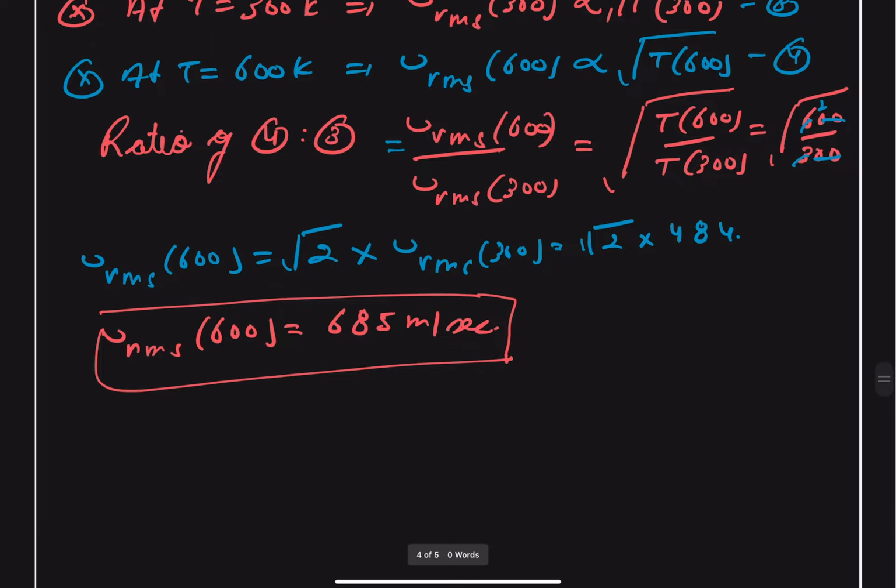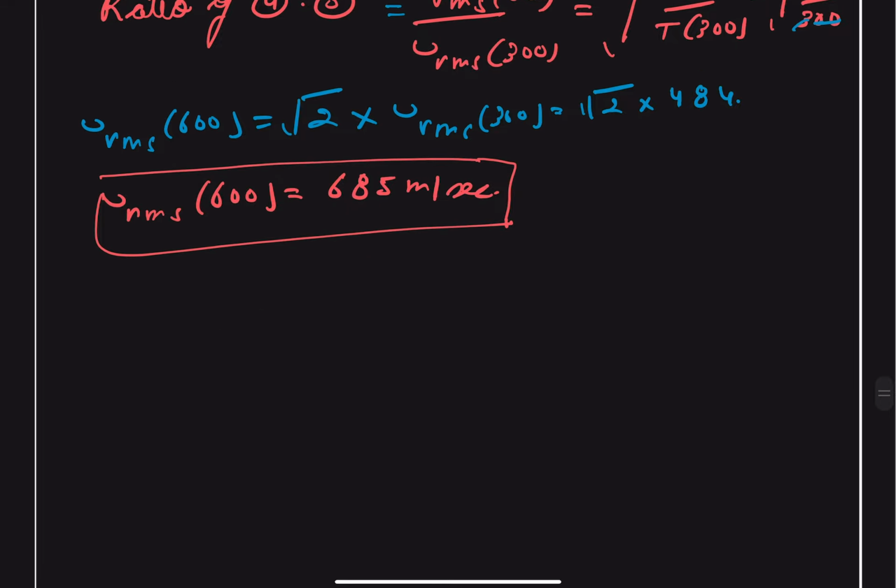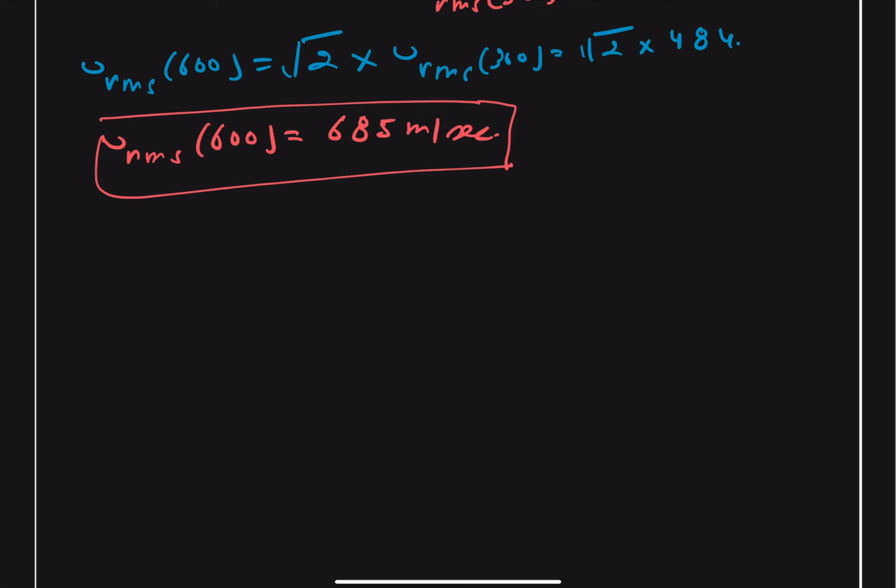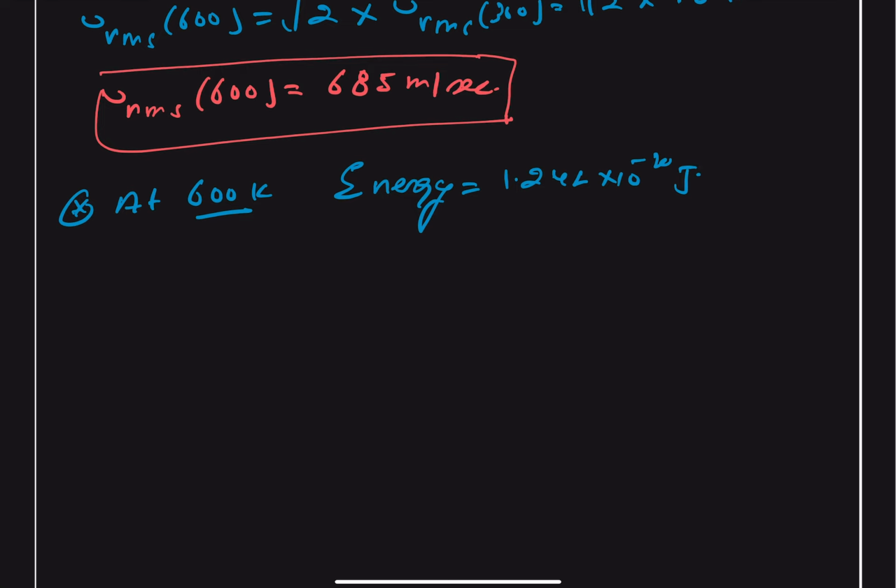So the energy at 600 Kelvin we found out is 1.242 into 10 raised to the power minus 20 joules, and the RMS speed is 685 meters per second.